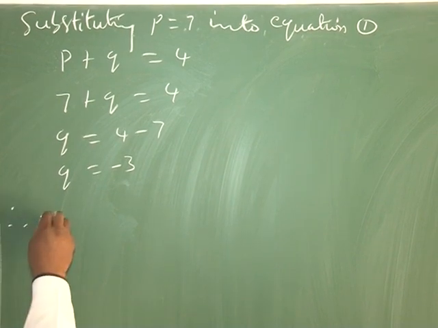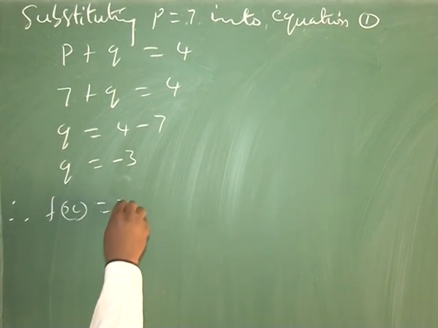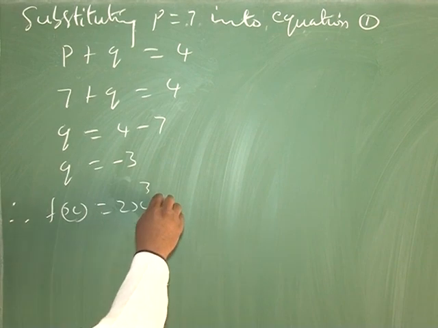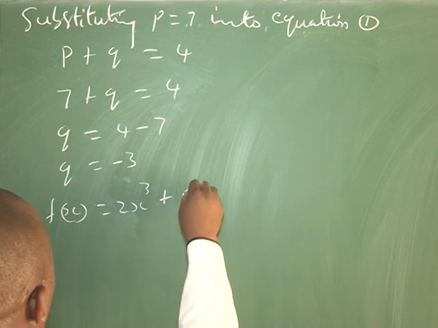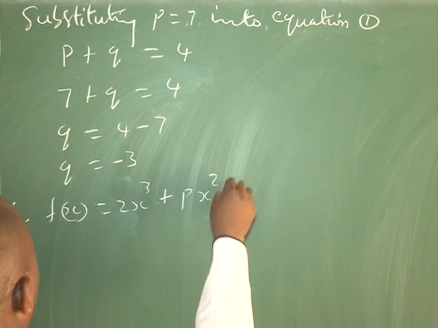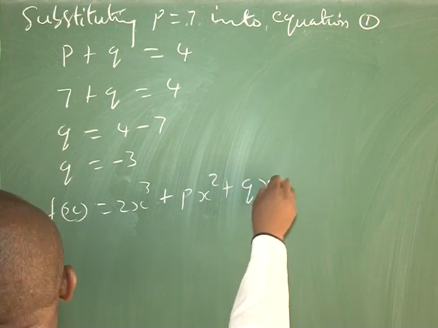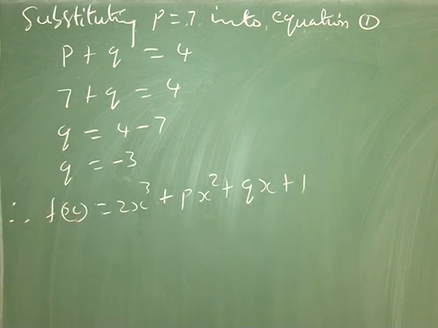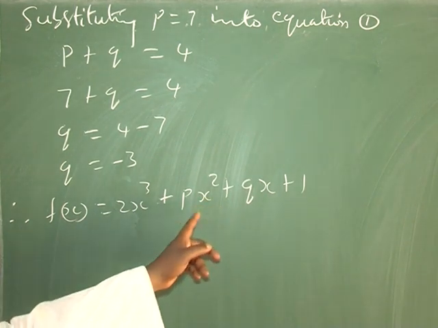Therefore, f of x equal 2x cubed plus px squared plus qx plus 1. The values of p and q are now determined.